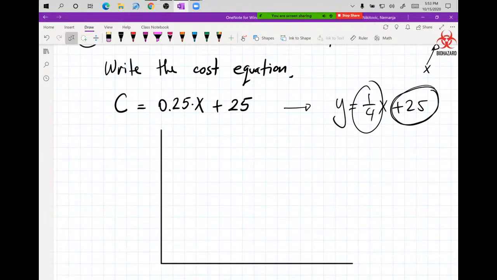So now, when I plot my cost and miles, I can use, again, 5, 10, 15, 20, 25, 30, 35, 40, 45, 50. And then I have my 20 and my 10 and my 0.